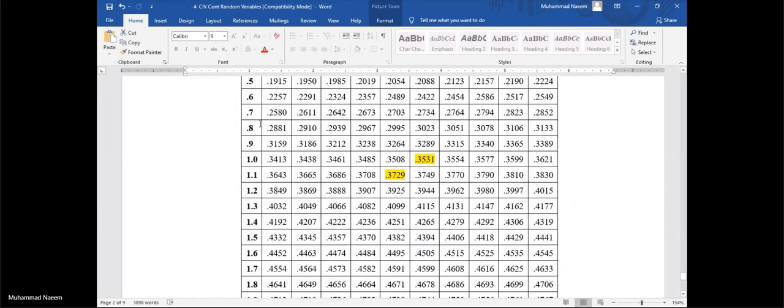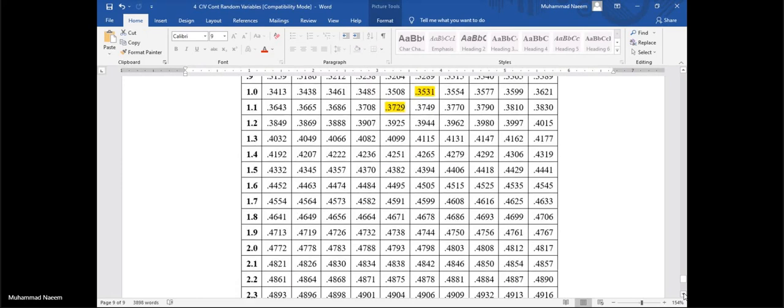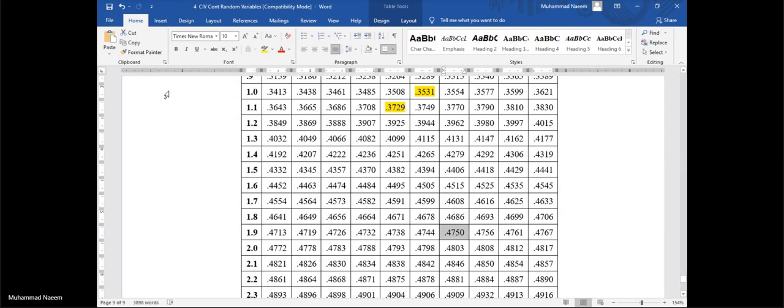All of these values are showing the areas. So trace out 0.475 or the nearest value, which is closer to 0.475. By chance we have the exact value of 0.475.